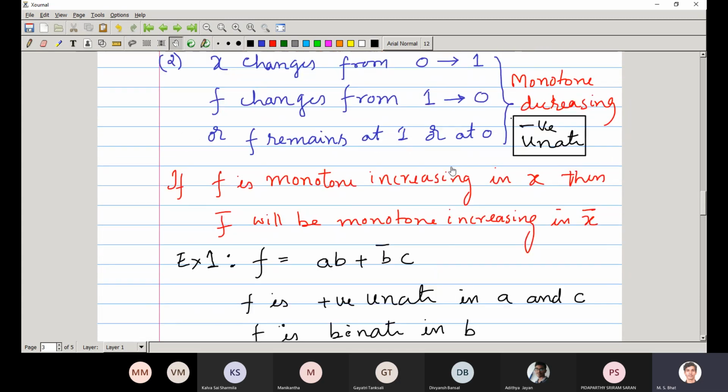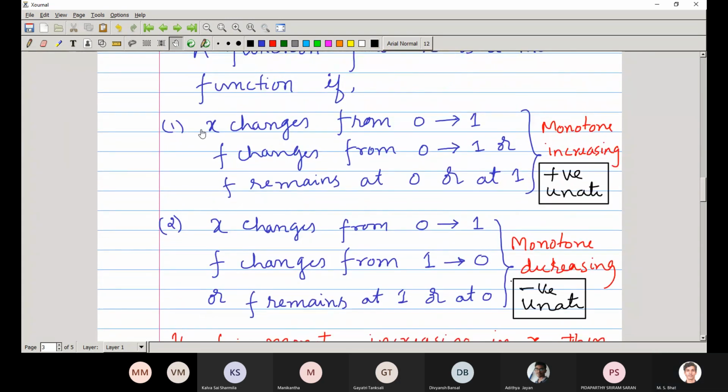So these three possibilities are denoted in this. If X changes from 0 to 1, then if F changes from 0 to 1 or F remains at 0 or at 1, all these three possibilities represent a monotonically increasing function F in X.